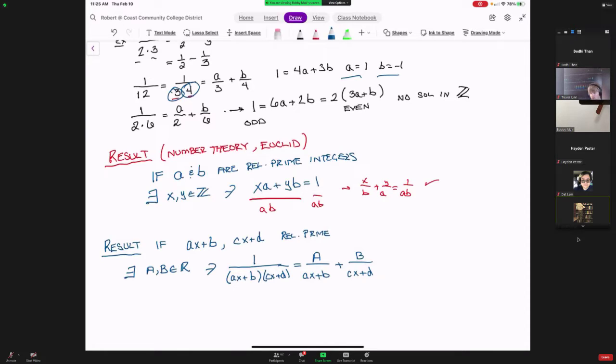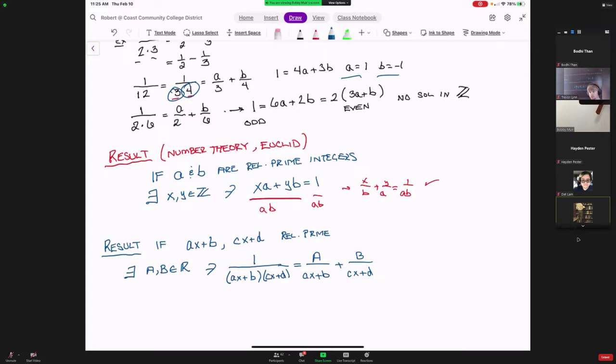What is really going on here is that those numerators, A and B, are actually the possible remainders that you could get upon dividing ax plus b into some kind of polynomial.